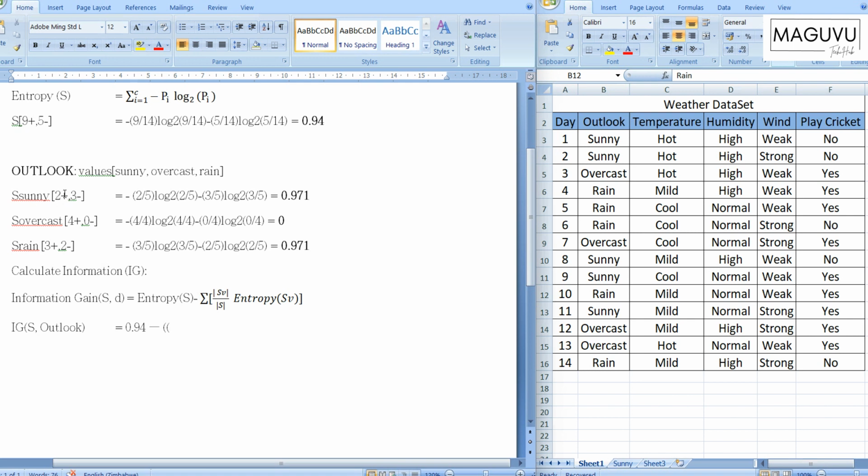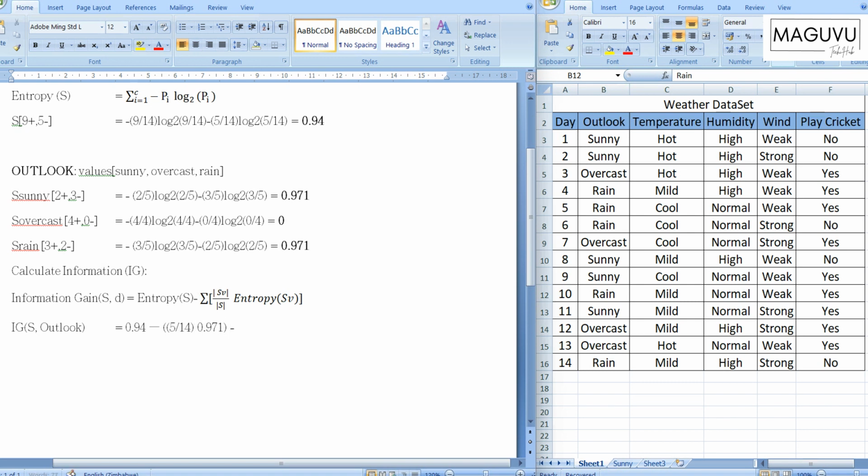Looking at sun there, where we have 2 plus 3, this gives us a 5, divided by the total number of days that we have in the whole data set, which is 14, multiplied by the entropy of sun, which is 0.97. So let's just say multiply by 0.971, and then we close that and let's see what we have. Right, that's correct.